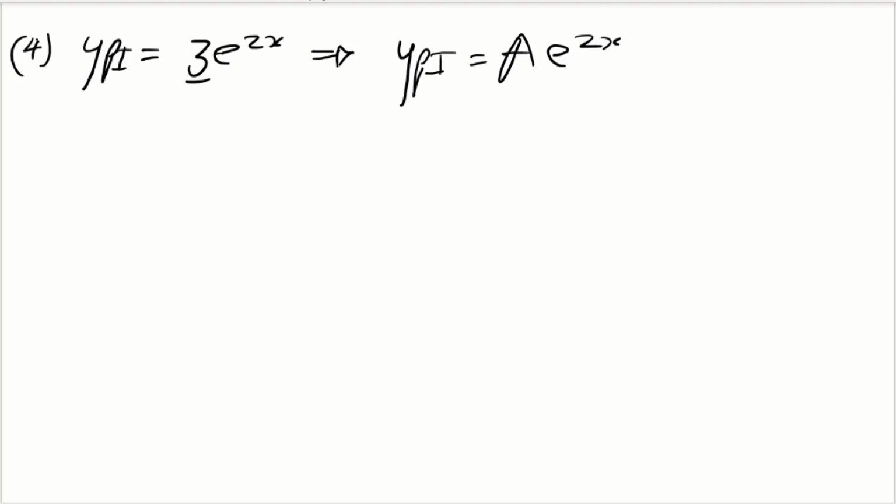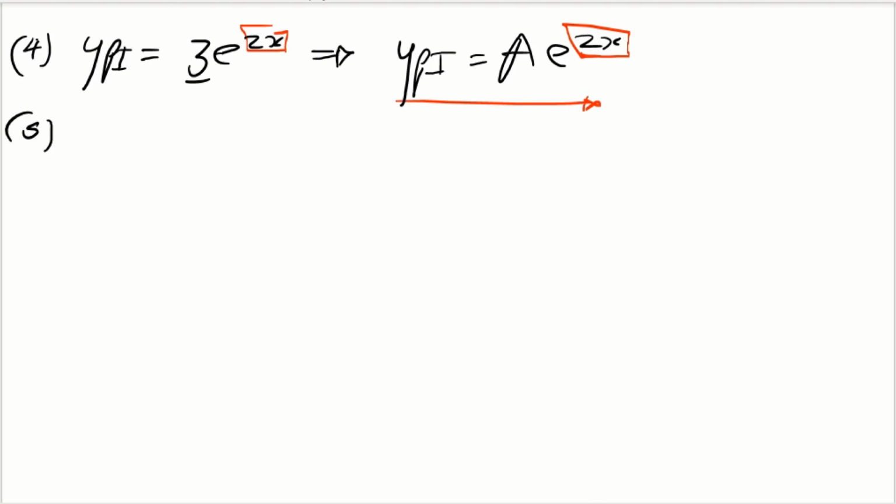You write this 2 here as it is, this exponent, you write it as it is. These equations, you use them to find your YPI. Okay, then the next equation, we're going to do the applications after this video.